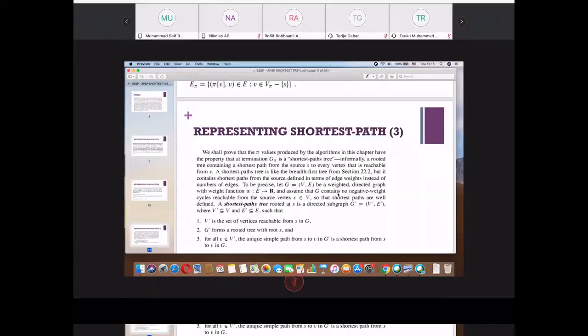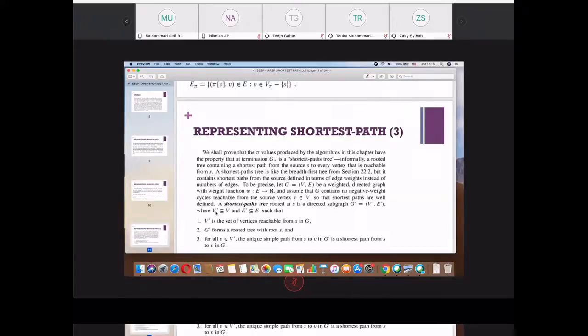This is the requirement, so that the shortest paths are well defined. A shortest path tree rooted at S is a directed subgraph G prime, which is (V prime, E prime), where V prime is a subset of V and E prime is a subset of E.